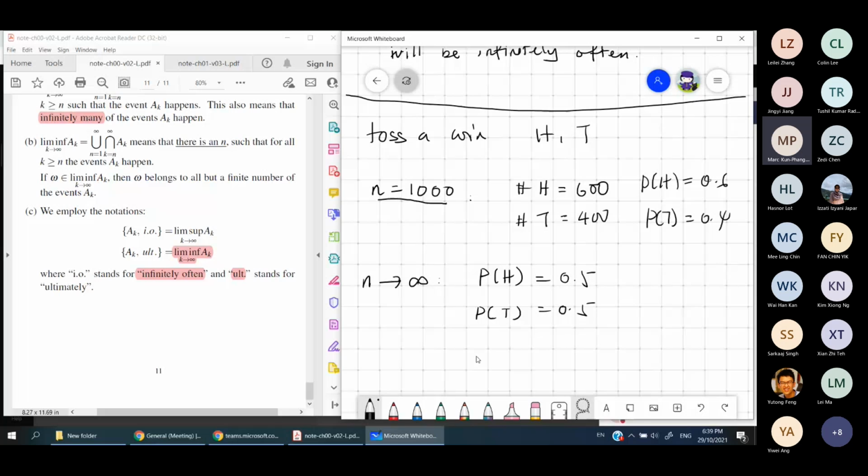After that, we can see how we are going to interpret this kind of abstract concept. One way is we can use limit supremum and limit infimum to describe this kind of phenomenon.